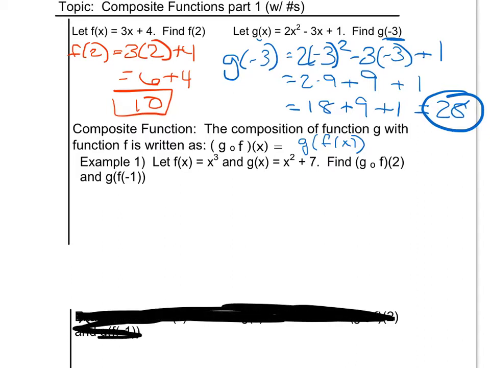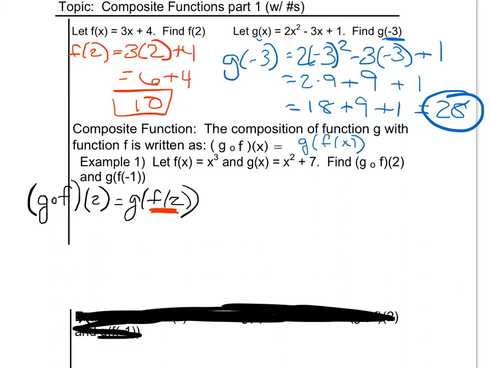So looking at my first example, I have f of x equals x cubed, g of x equals x squared plus 7. I'm trying to find first g following f of 2. Well, that is the same thing as saying g of f of 2. So according to order of operations, I'm going to start on my innermost parentheses and figure out what f of 2 is.